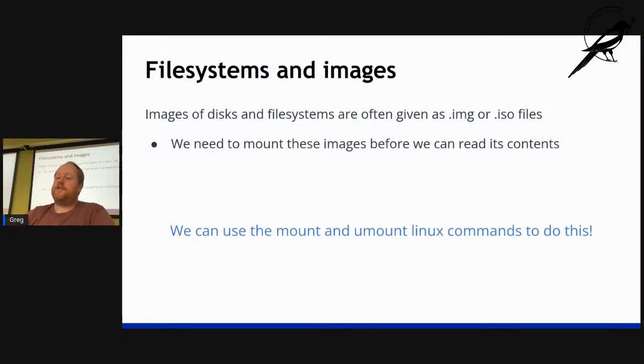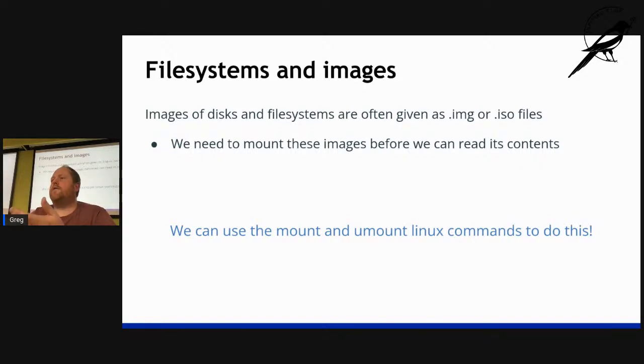So in the context of a CTF, we might receive something like an image of a disk file or file systems. Quite often you can tell that that's what they are because they're a .img file or a .iso file. Before you can actually look at them and see what's on it, you need to be able to mount it to be able to read its contents.